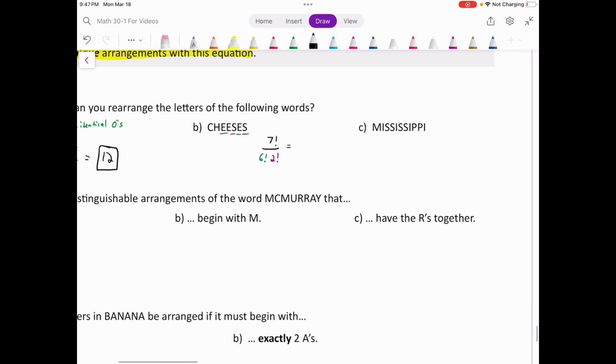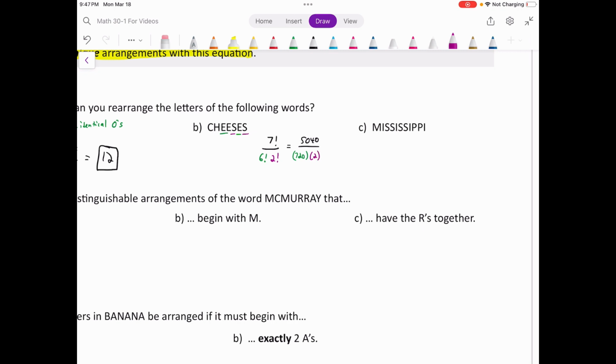So that gives us 5,040 over 6, I gotta figure that out really quick. Sorry, I thought I had it calculated. 720, I should know that. 720 times 2.